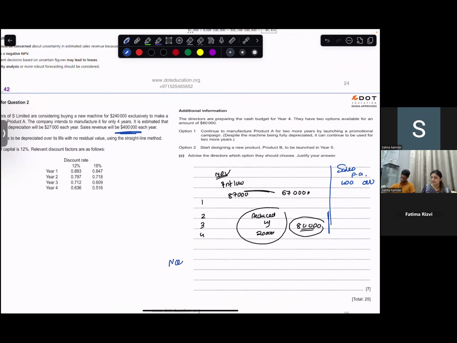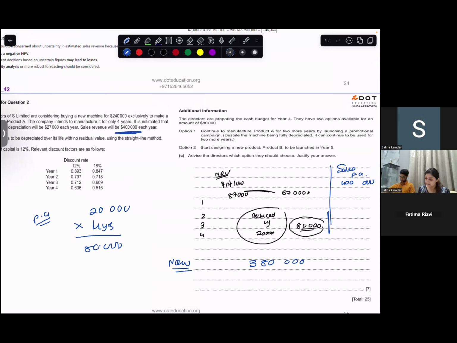Now they're going to make a sales of how much per annum? 380,000. So there's a reduction of 20,000 per annum. The shortfall is 20,000. The project is going to remain for 4 years. So there's an 80,000 shortfall.